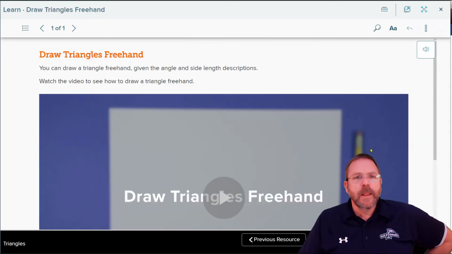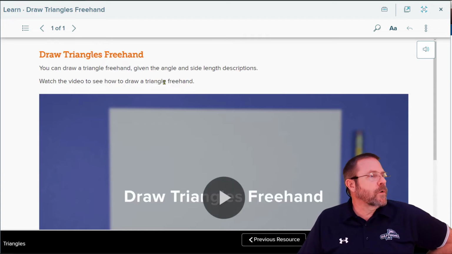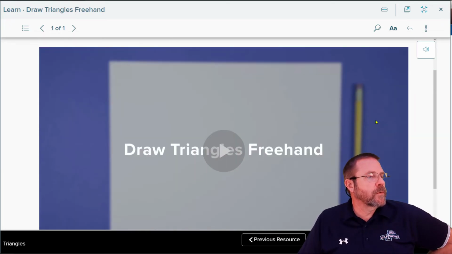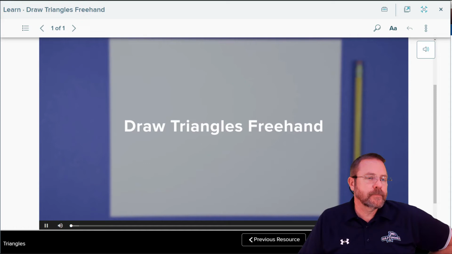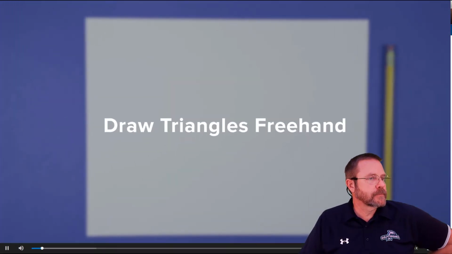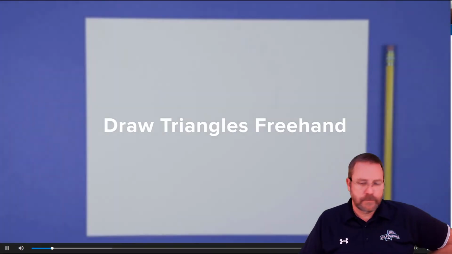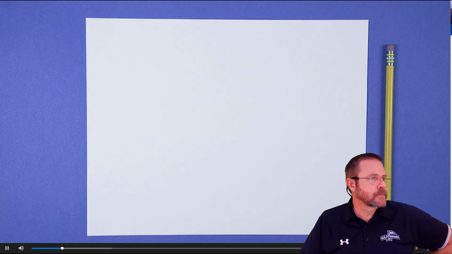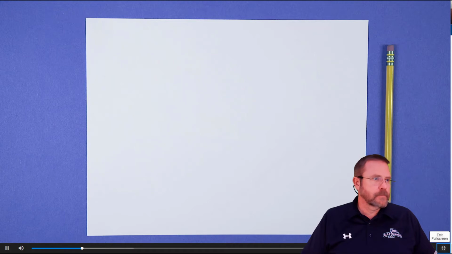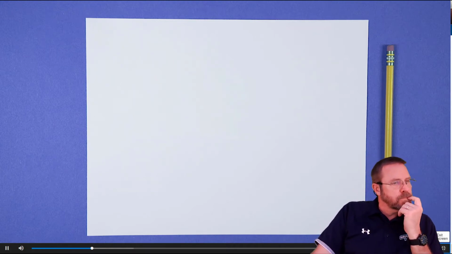Okay. Now we're going to learn how to draw freehand a triangle given various information. Draw triangles freehand. You can draw triangles freehand without the use of a straight edge. Draw a scalene triangle.